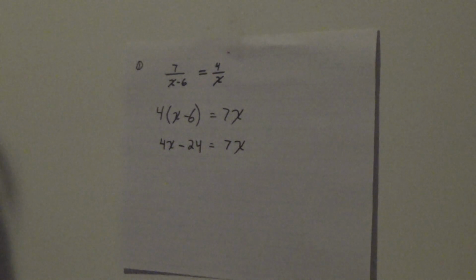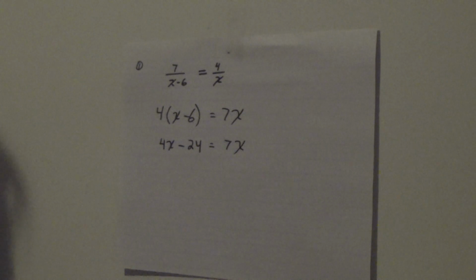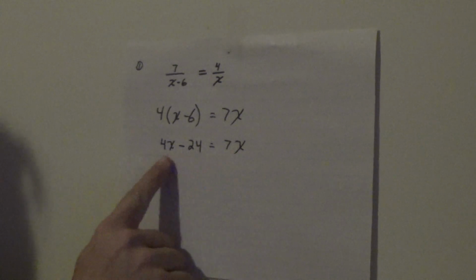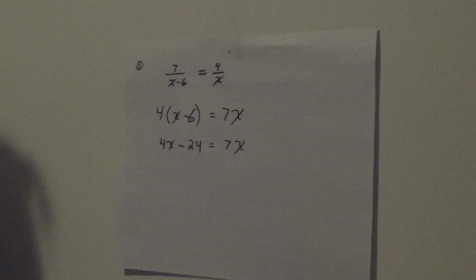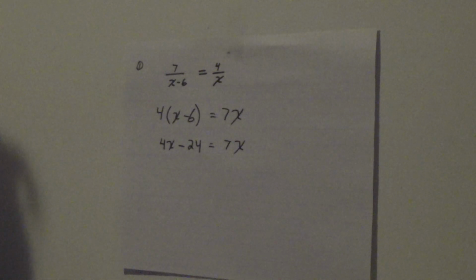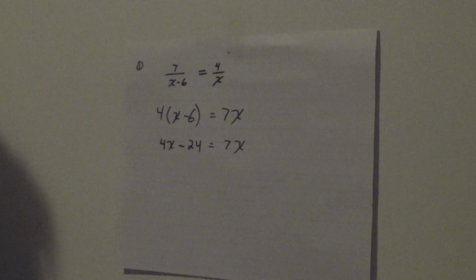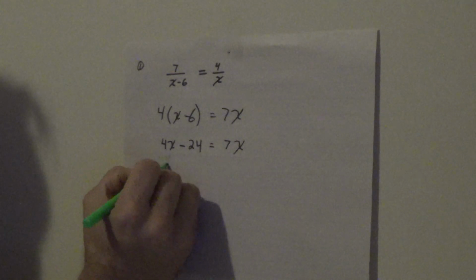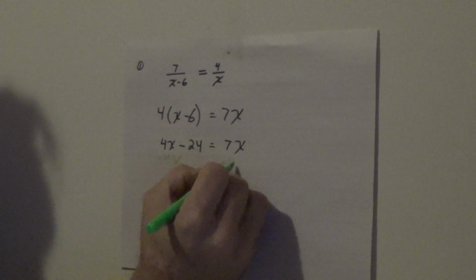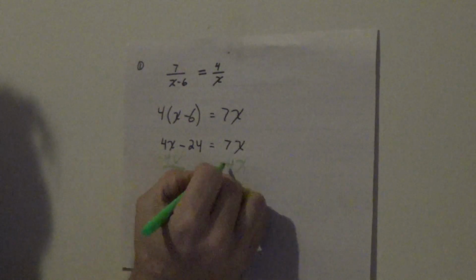Then I want to collect my like terms. I'm going to subtract 7x from both sides. Actually, no, I think I want to subtract 4x from both sides. We can do it either way, but I'm going to subtract 4x from both sides, so minus 4x, minus 4x, if you can see that green.